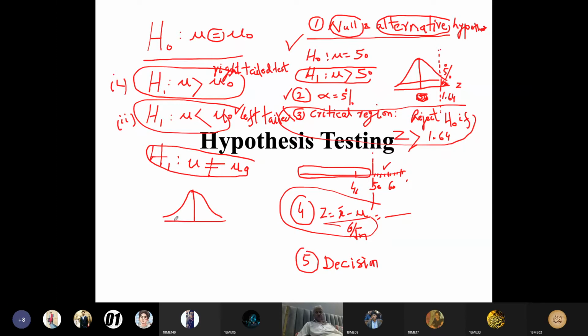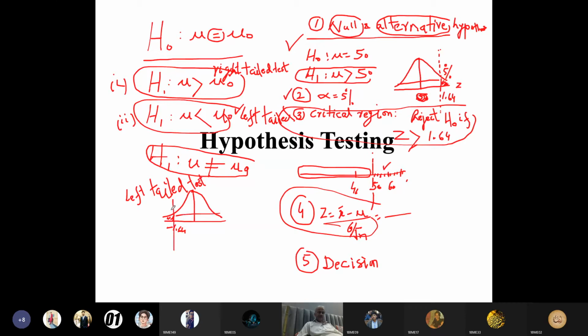Minus 1.64 is somewhere here. 5% is here. Its value is minus 1.64. So that test is known as a left tail test, because the tail is falling to the left side. So here is the decision line.